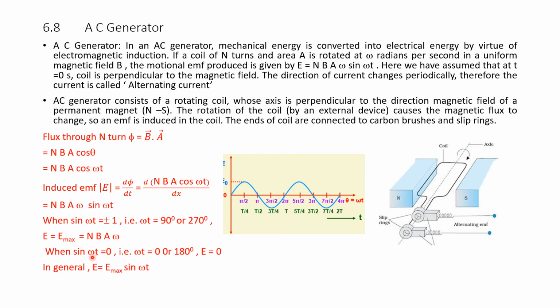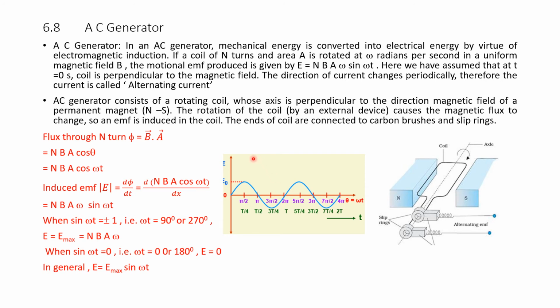See here, E equals 0 when omega t or theta is 0, maximum at 90 degrees, and again at 180 degrees it becomes 0, and it becomes negative maximum at 270 degrees, and after completion of one cycle it becomes 0 again.